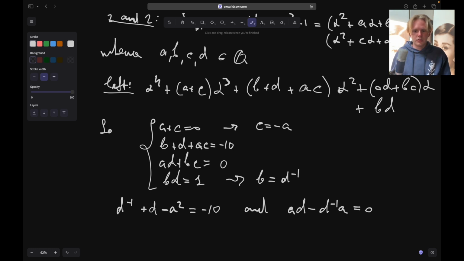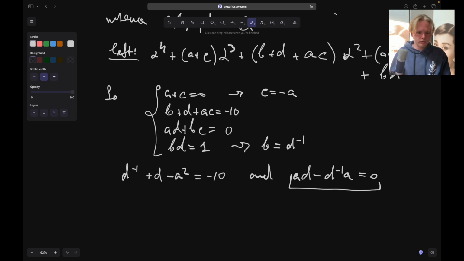So actually from here we get, for example, a case where a is 0. If a is 0 here, then it's 0 also here, and we get d minus 1 plus d equals minus 10.